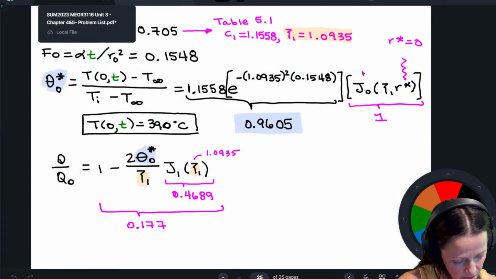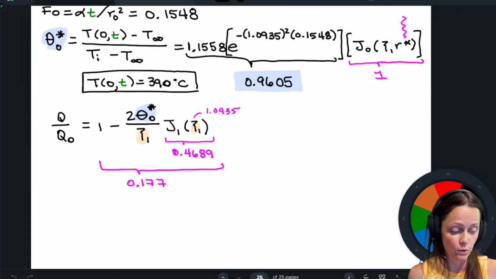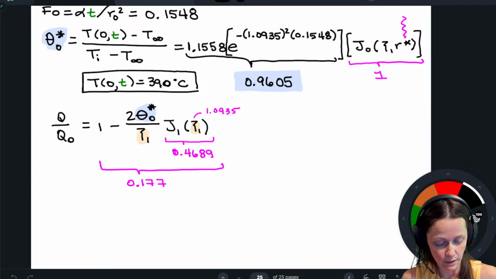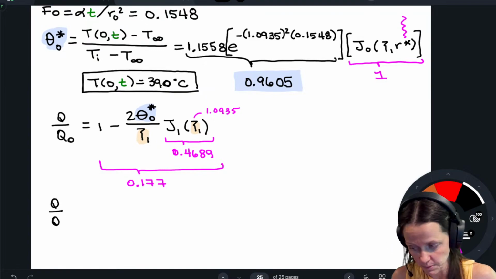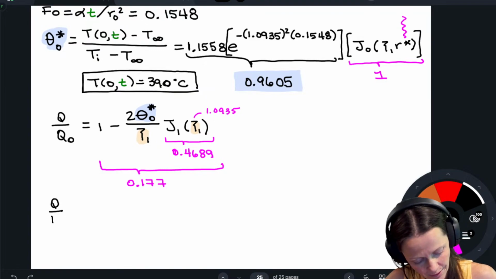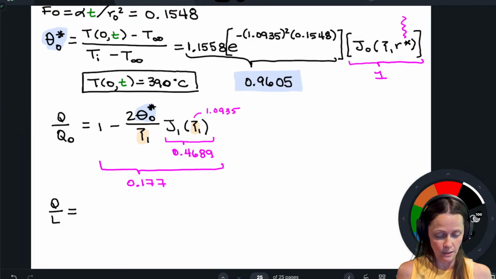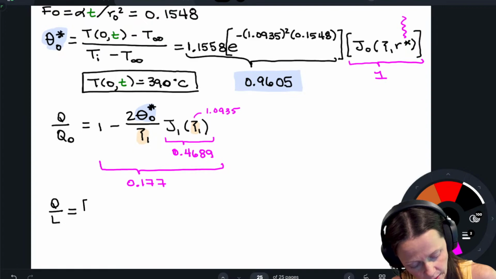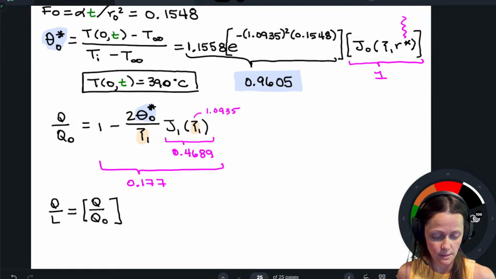Okay. All right, so we've got all that. I need to find Q over L. If I want to find that Q per unit length, then I'm going to take that value, Q over Q naught, or Q max.